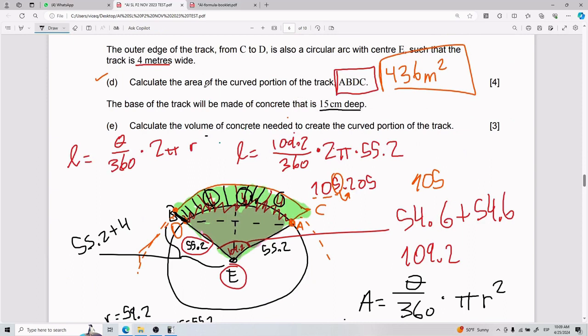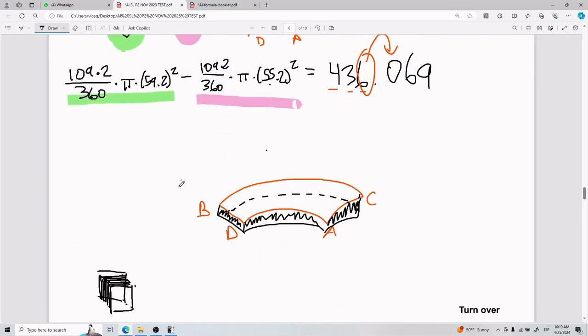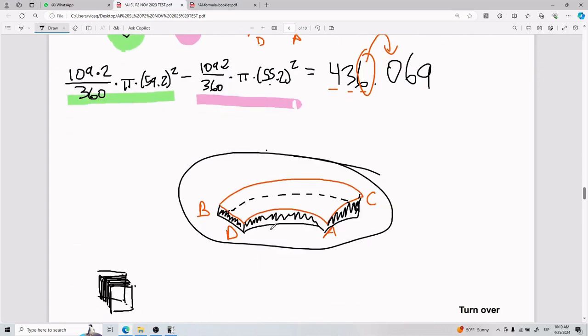So technically you can take your answer from part D, the 436, so this is meters squared, and multiply it by 15 centimeters. And that's going to give you the volume, because basically you're saying this shape here, I need it to be 15 centimeters deep. And so how many times is it going below? Like 15 times in terms of centimeters.